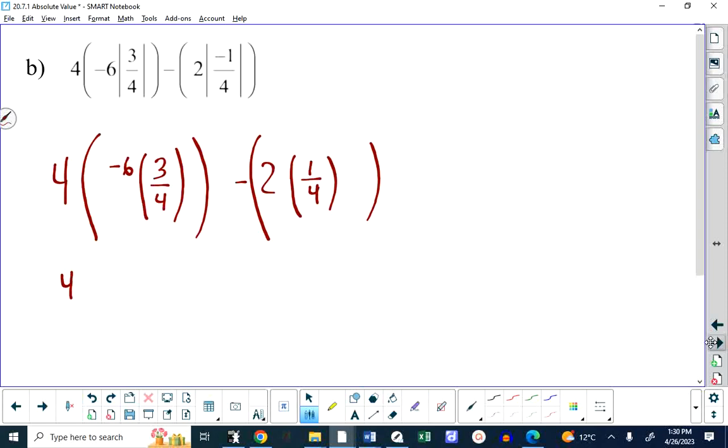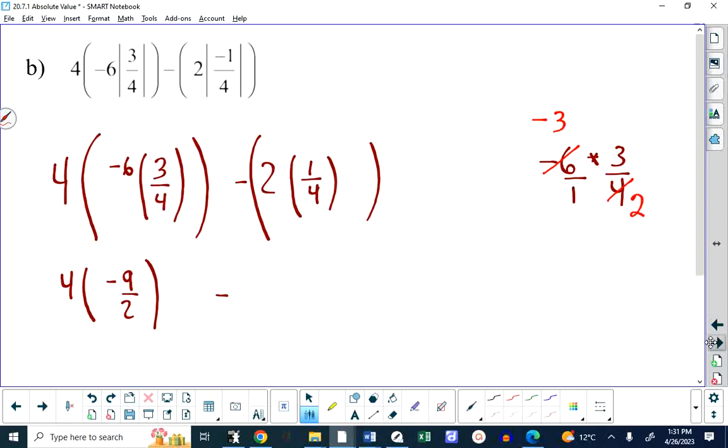This is 4 times negative 9 over 2. I have inside of that brackets the following. How I got the 9 over the 2 was I reduced this by a factor of 2 and this by a factor of 2.